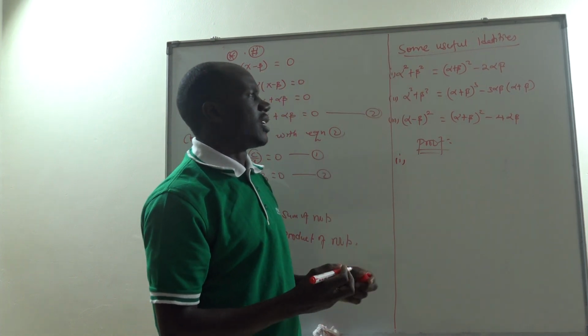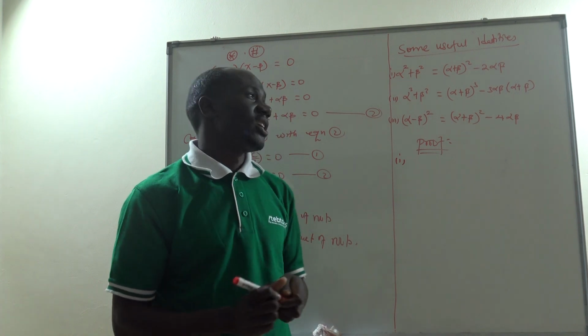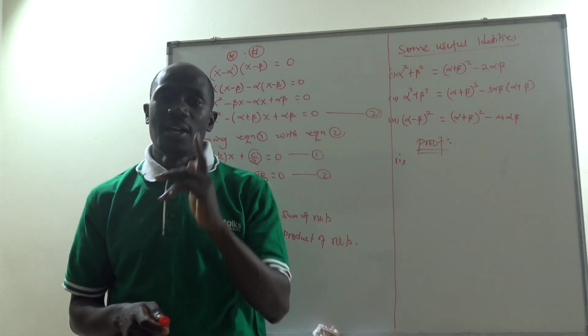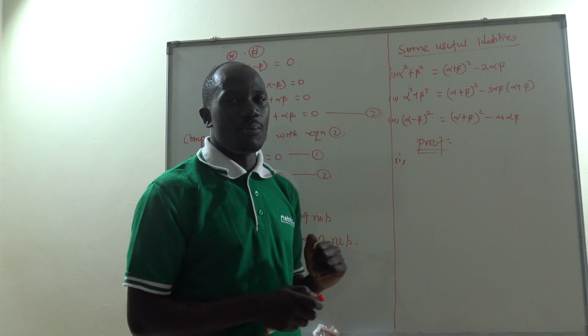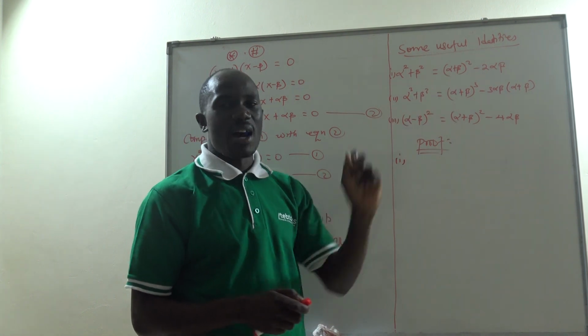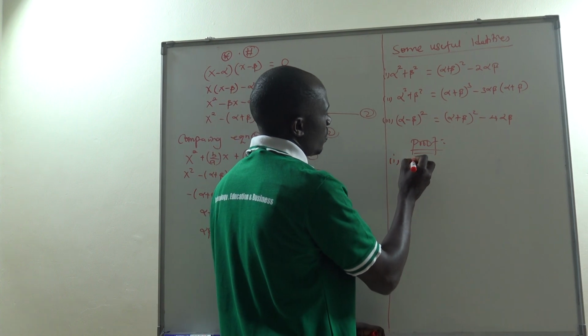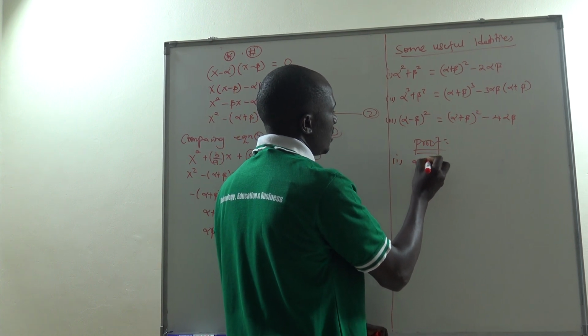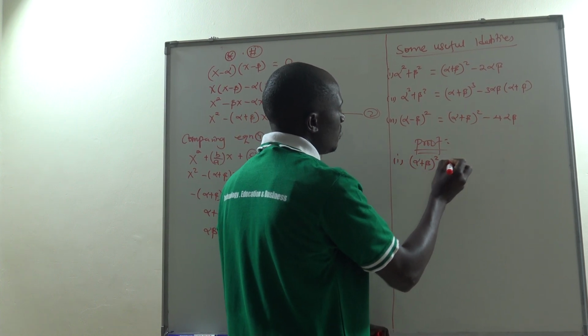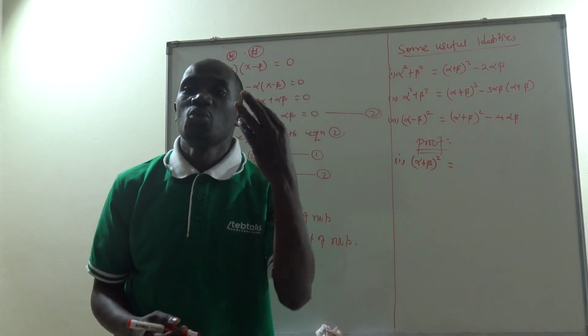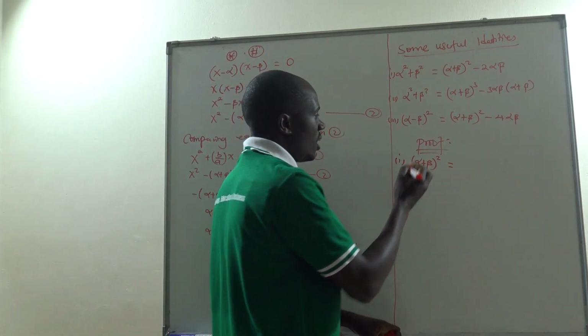Alpha squared plus beta squared is the same as alpha plus beta squared minus 2 alpha beta. Where did it come from? So we are going to start from alpha plus beta squared. It means this one is appearing 2 times. How do we expand that one?